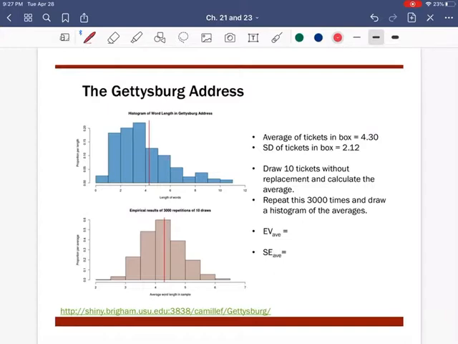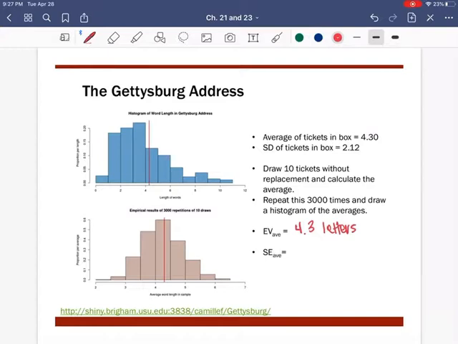So with confidence intervals, let's use our Gettysburg Address data that we talked about in the chapter 23, part 1 video. If you haven't watched that yet, go back and watch that really fast. We decided that the expected value for the length of words in the Gettysburg Address is 4.3 letters.